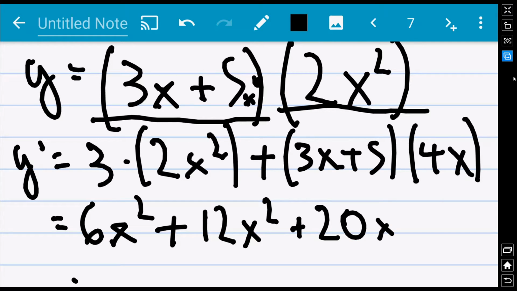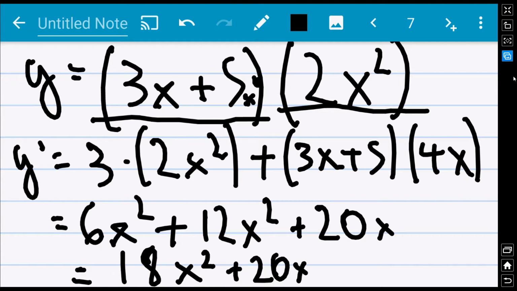And then you can simplify this even more by putting these two x squareds together, which is 6 plus 12, so I can't do basic math, 18x squared plus 20x.